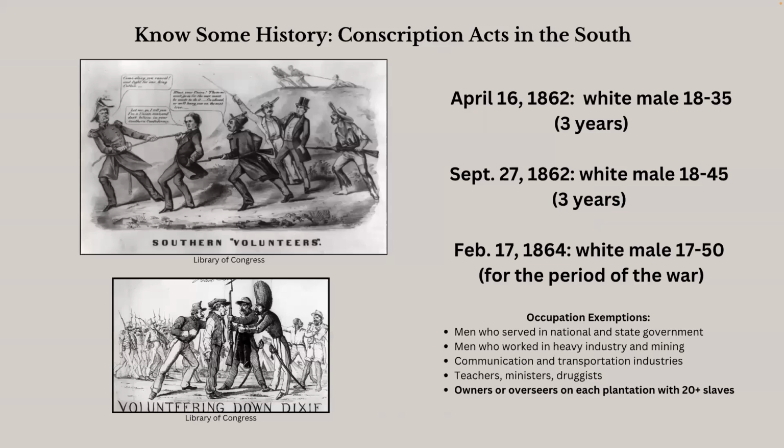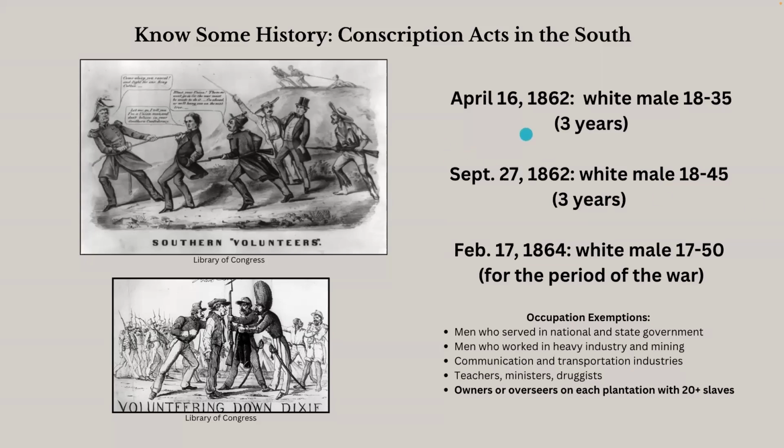But by 1862, the Confederacy realized that when the enlistment term of 1 year expired, that men were not re-enlisting. So the Confederate government needed manpower. So they decided to have Confederate Conscription Acts, which is just another name for the draft. And this was put into force in 1862 by the Confederacy.